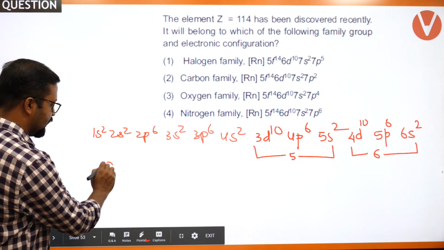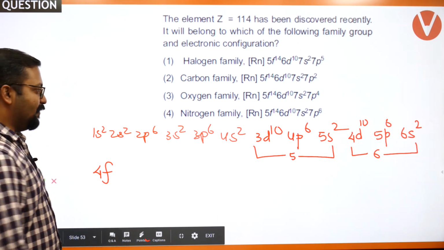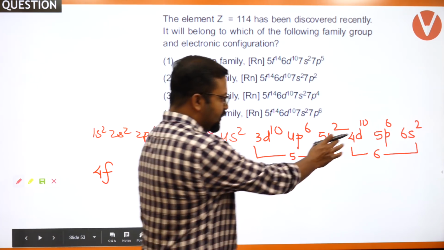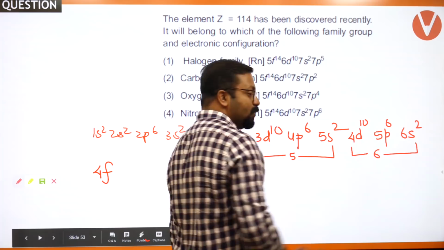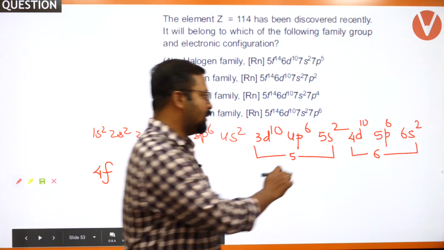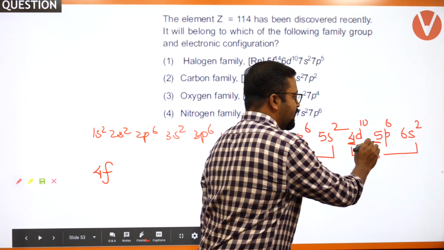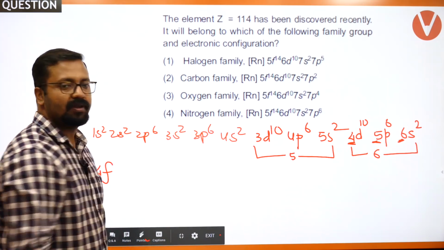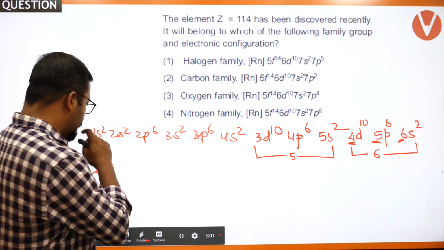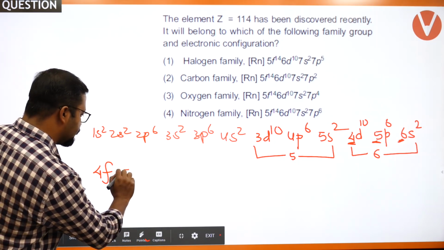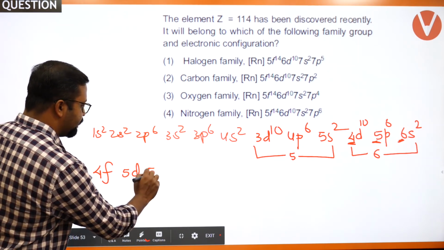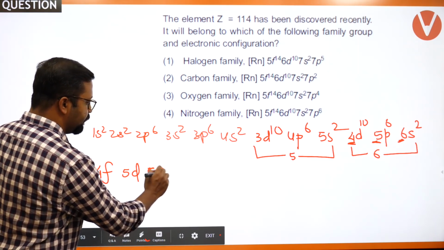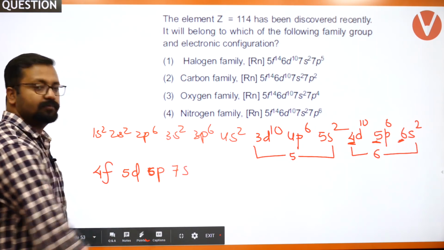For 7, we will first write 4f. Why am I writing 4f? Because when the total n plus l value is equal, the lower n value has lower energy. It will be written before something with a higher value of n. So 4f, after that we write 5d, then I write 6p, then I write 7s.